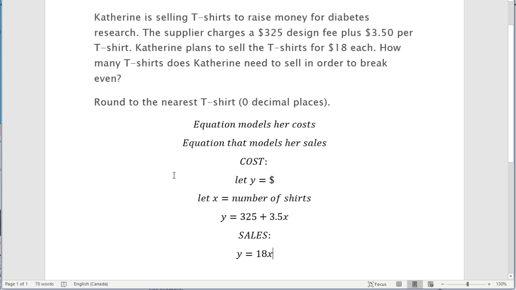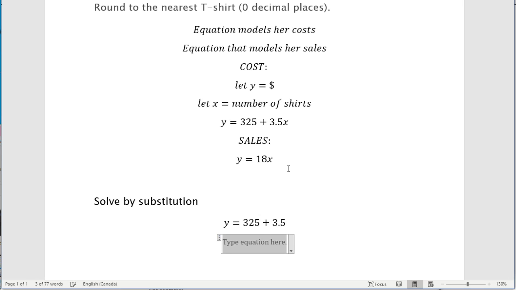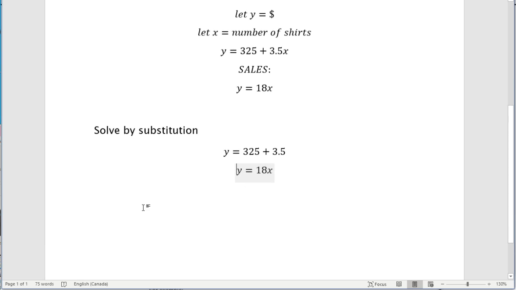Now, the nice thing about both of these equations, right? Like what we were doing in the previous assignments, we have two equations, right? 325 plus 3.5x, and then we have 18x. So basically, what we're trying to do here is solve by substitution, where we have that equation and this equation, right? So these are the two things that we need to substitute.